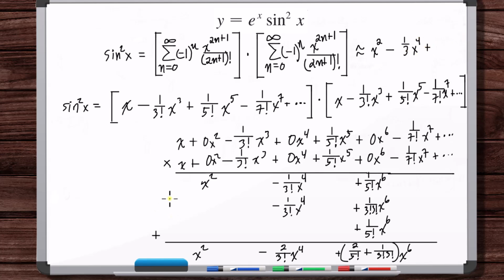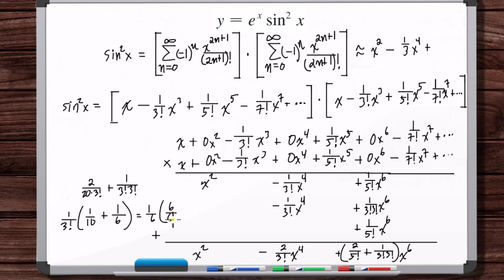Then plus, okay, so 2 over 5 factorial is what? 2 over 5 times 4 is 20 times 3 factorial plus, so we can take out a 1 over 3 factorial, and we're left with 2 over 20 is 1 over 10, plus 1 over 3 factorial is 1 over 6. So 1 over 10 plus 1 over 6 is what?